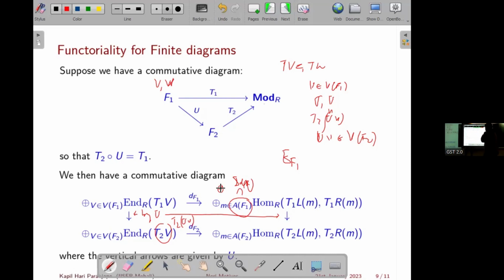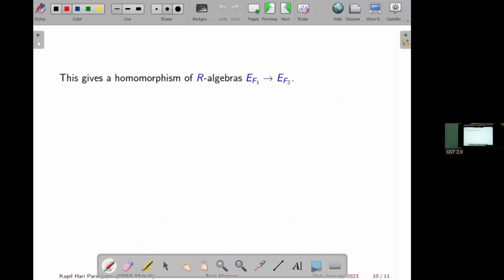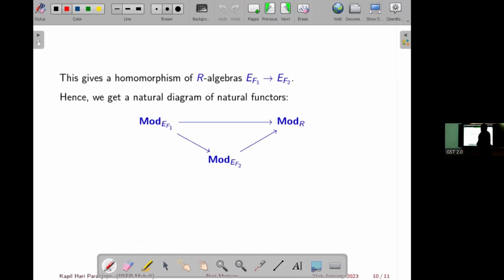Right. So this gives a morphism of R algebras, EF1 to EF2, and once I have a morphism of R algebras, I will get a natural diagram of forgetful functors, from mod EF1 to mod EF2.